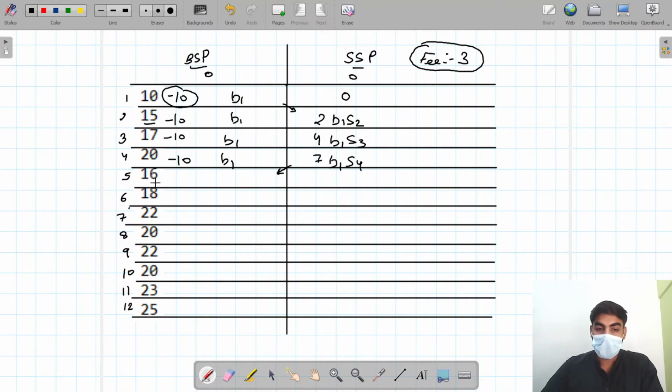If we buy today, we have to take an extra stock in the buying state profit. In the wallet we have 7 rupees and the price of the stock is 16. 16 minus 7 is 9. If we take the older as it is, we take a loan of 10 rupees. Which one is better, taking a 10 rupee loan or a 9 rupee loan? 9 rupees. So we are taking it as it is.